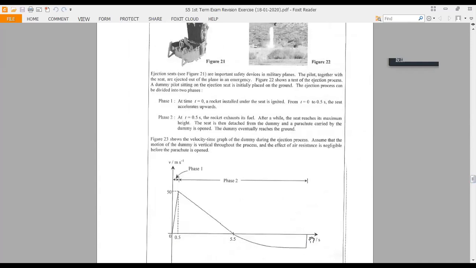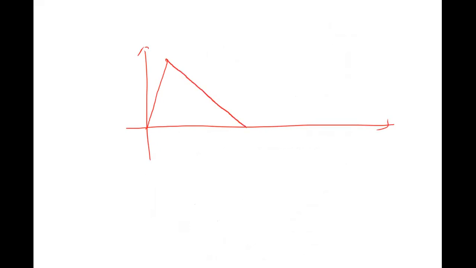Maybe I try to draw this diagram in the other page. It's something like this, right? And after that, it drops. And eventually, something like that. My diagram may not be perfect, but I will try to make use of that to explain what's going on.